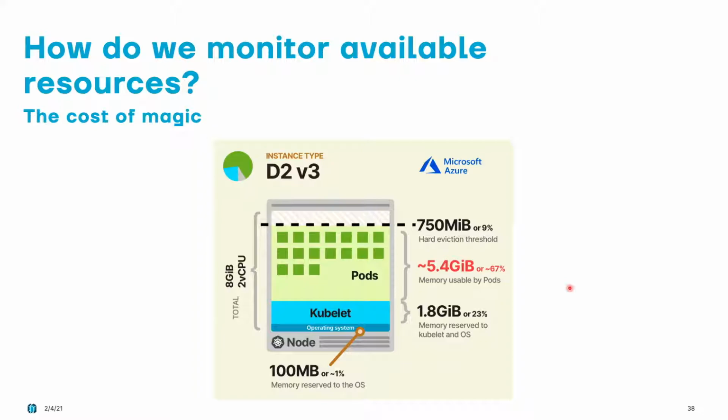If you get an 8 gigabyte machine on Azure, you'll have about 100 megabytes used for the operating system itself, because the physical machine is going to be running some sort of operating system. Then kubelet. Kubelet is the Kubernetes service that's running on that machine, doing all the Kubernetes work, basically. And that takes up a considerable amount of your resources. In this example, it says if you get an 8 gigabyte machine, it takes 1.8 on Azure.